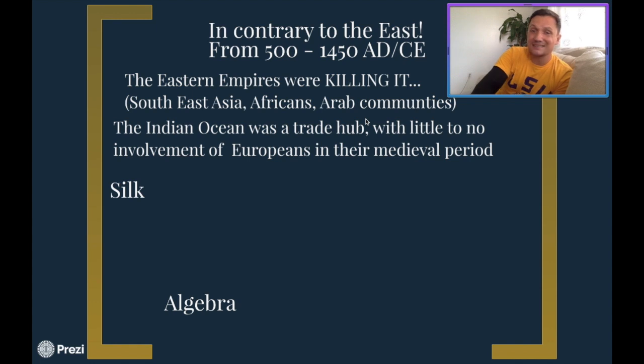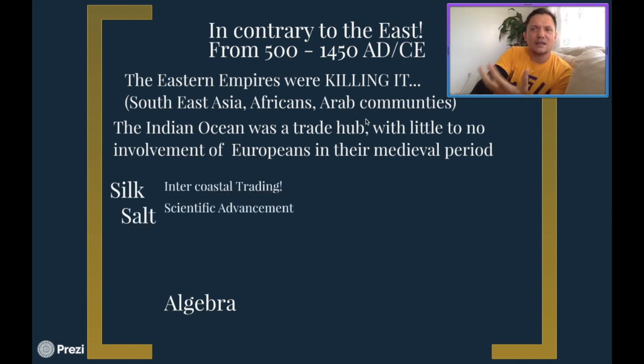That includes things like silk, intercoastal trade, well, that's a concept, scientific advancement and its ideas being advanced, right? Things like printing, paper making, gunpowder, explosive technologies, textile working, a lot of different stuff being traded over this, right? Salt being one of the biggest ones.